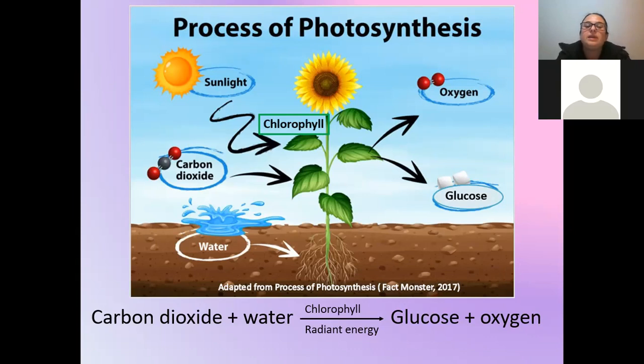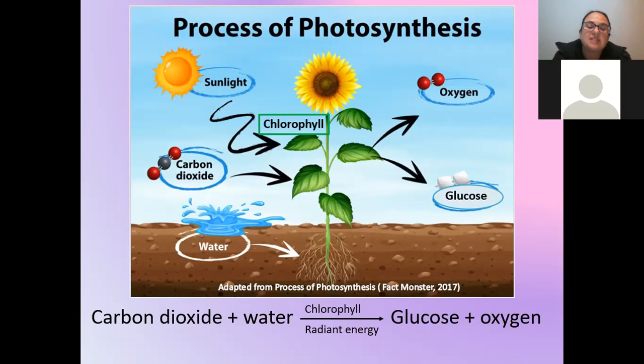The reason being is the things that you actually put in for this reaction to occur are your carbon dioxide and your water. But although these are the requirements, without chlorophyll and without radiant energy or sunlight, this reaction cannot happen. So that is why we put these two things with the arrow.